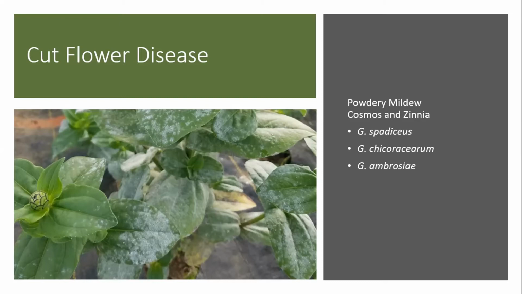These are some pathogens, the Golovinomyces, probably the spadiceus. They affect Asteraceae hosts, a lot of our different weed hosts. So this is a naturally occurring, ubiquitous powdery mildew that's outside. And of course, our tunnel sides are rolled up during the summer and early fall, so this powdery mildew is just moving in and out.